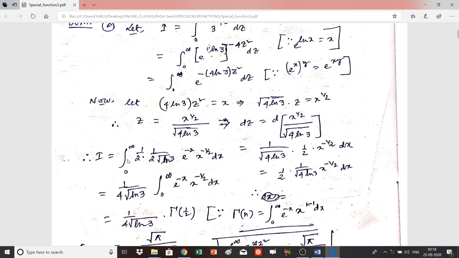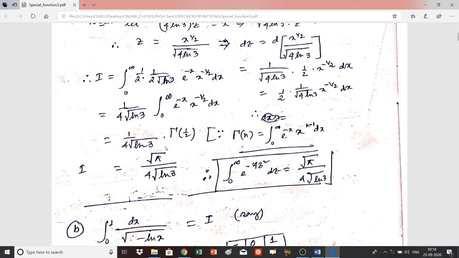So here 0 to infinity, and this half I am writing here first, and then 1 by root 4 log 3, and 2 is taken outside the square root, so here is 2, then square root log 3, then this term e to the power minus 4 log 3 z square is nothing but e to the power minus x, and then x to the power minus half, which comes from the value of dz. So here is the expression that we get.